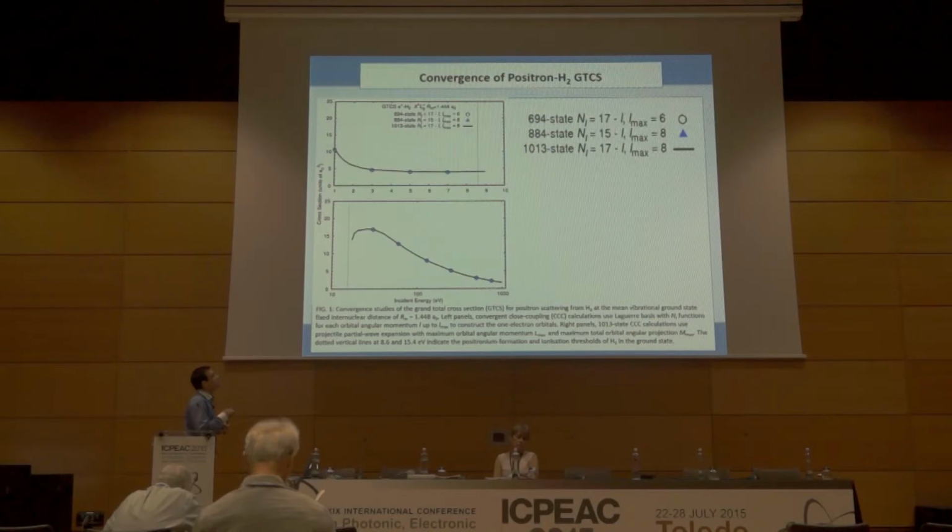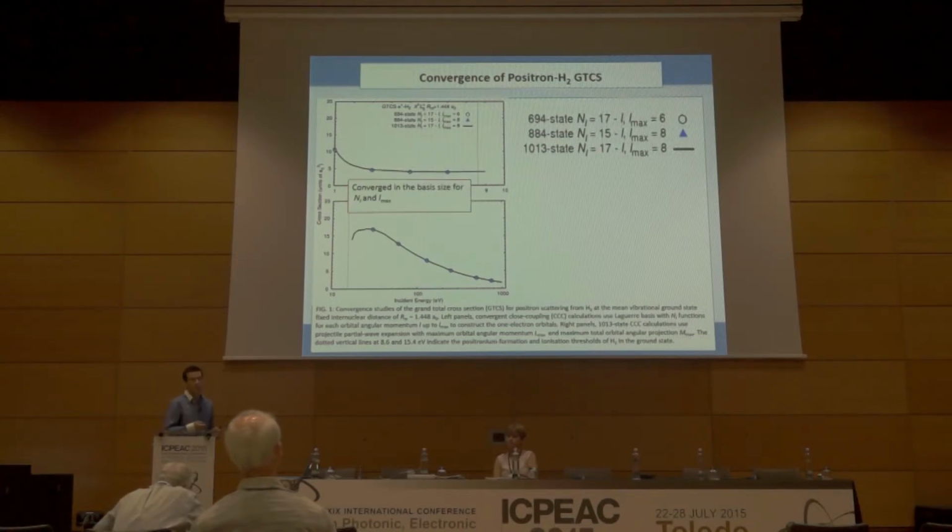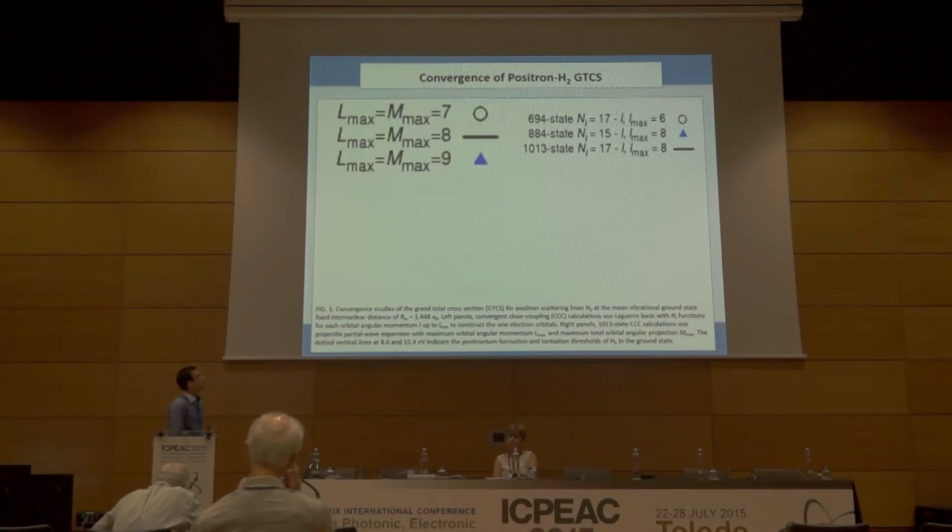And then we also compare it with a smaller basis, which has fewer basis functions per symmetry of L. And our results are within 1% of each other, so they converge, both in NL and Lmax, so orbital angular momentum and the number of basis functions.